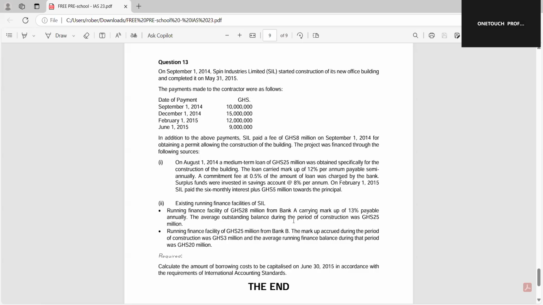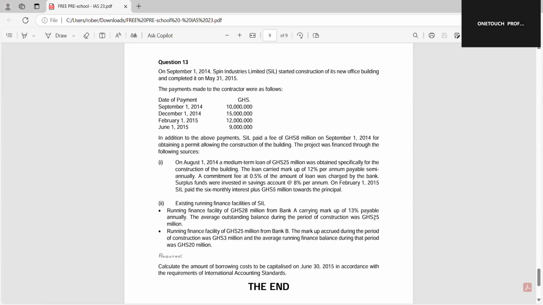Because when you calculate 12% of 25 million, you get 3 million. And when you check the I2, they say they paid 5 million off, so it will be left with 20 million. So I took it as the same loan. So your existing borrowing at the end of the year is the 13%, 25 million loan.